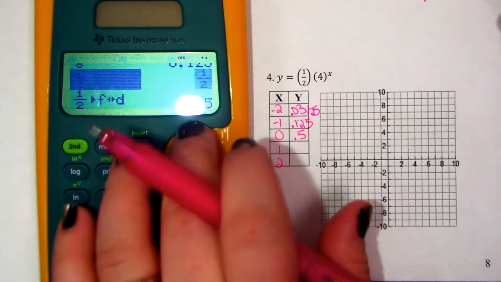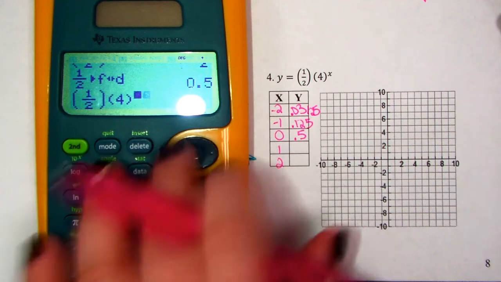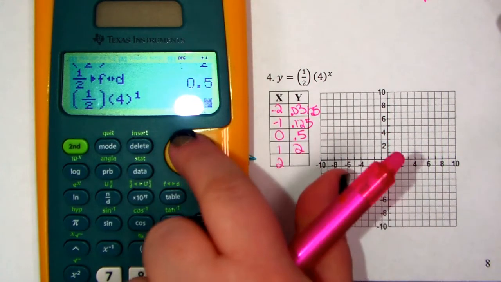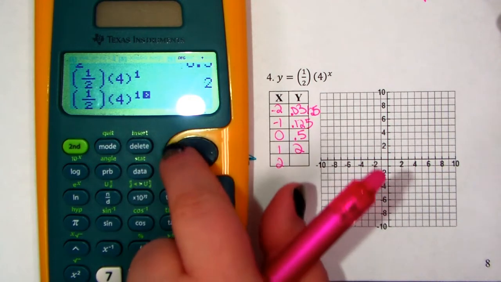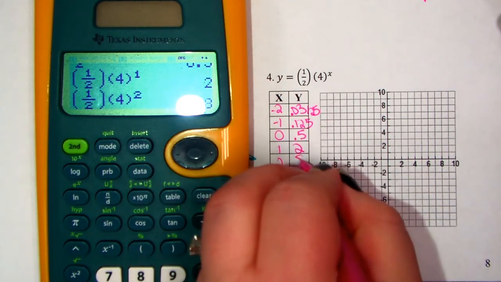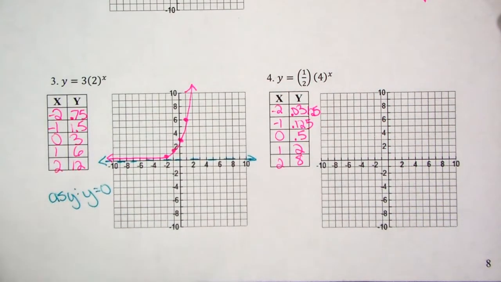Highlight your equation again and change that 0 to a 1. Highlight your equation and change the 1 to a 2. Our asymptote is still going to be at y = 0.